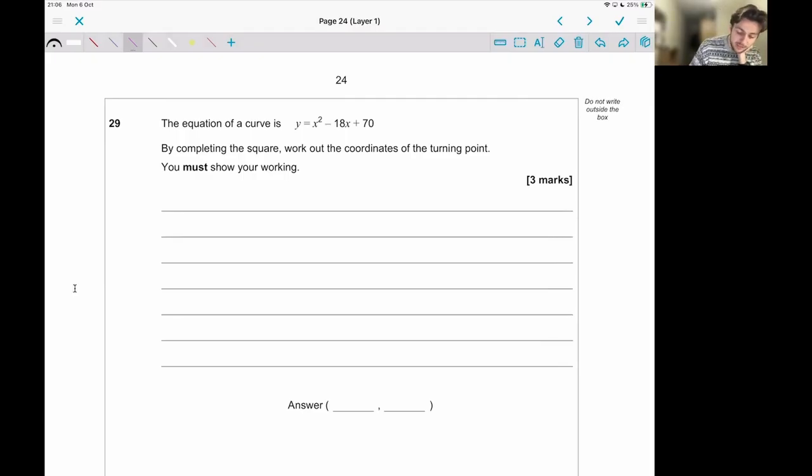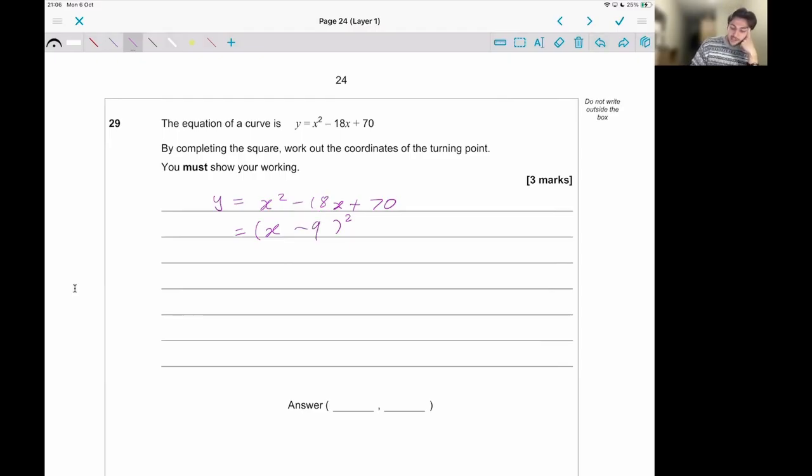Completing the square means, just write it out again here quickly. It means writing x something squared plus something, or minus something. Well, we take this thing in front of the x and we cut it in half, so minus 9.